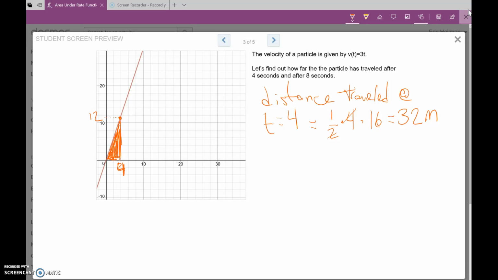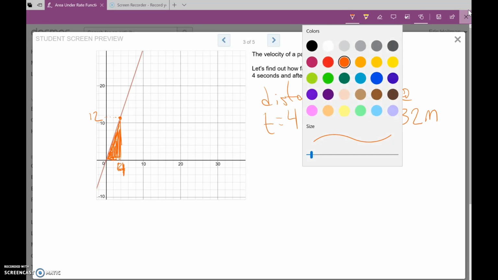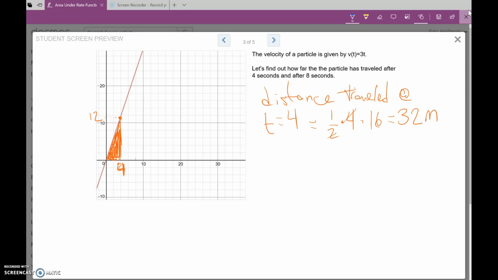Let's figure out how far the particle has traveled after 8 seconds. So this is t equals 8. To find the total distance traveled, we need to find the area of this triangle. Okay, so still want to find the area of this triangle.